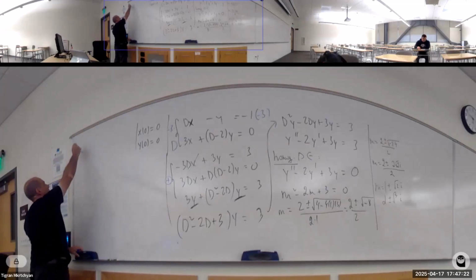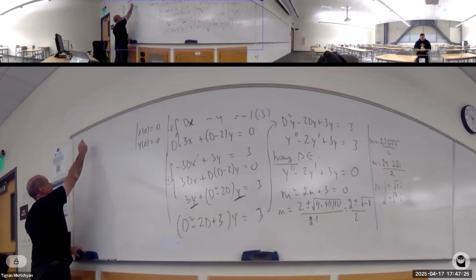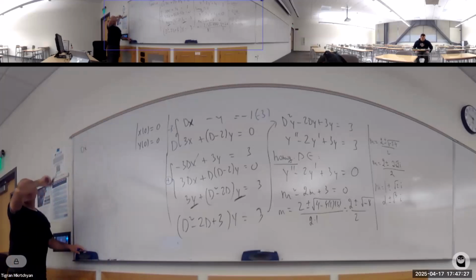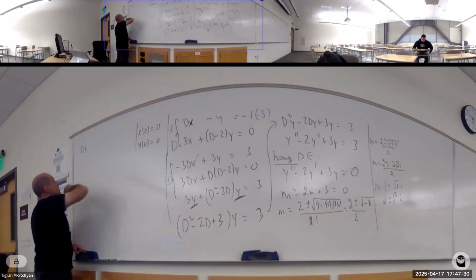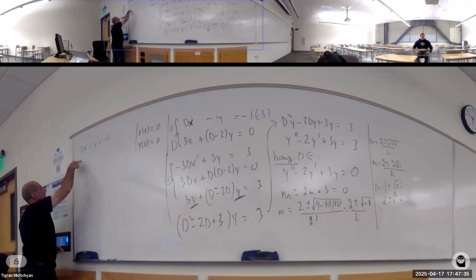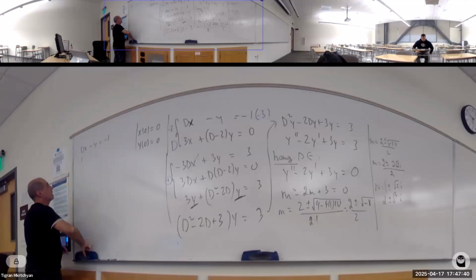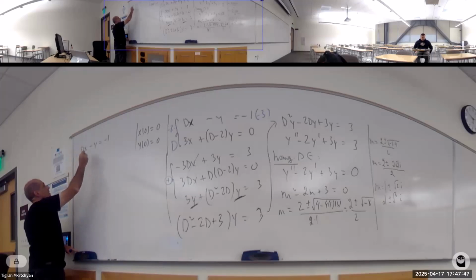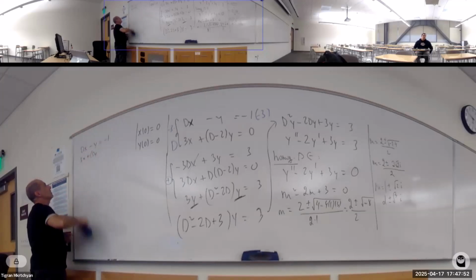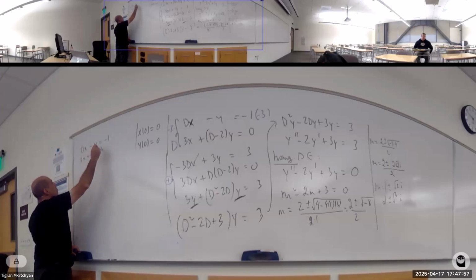With the operator D: Dx minus y equals minus 1, and the other one, 3x plus (D minus 2)y equals 0.